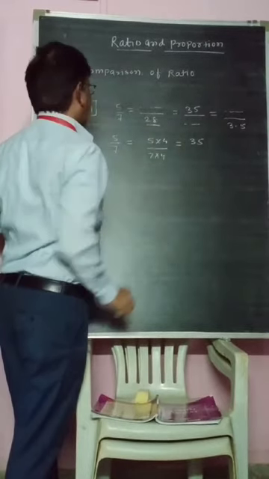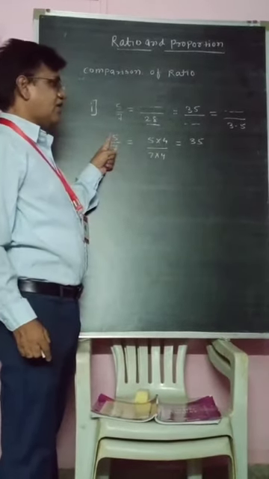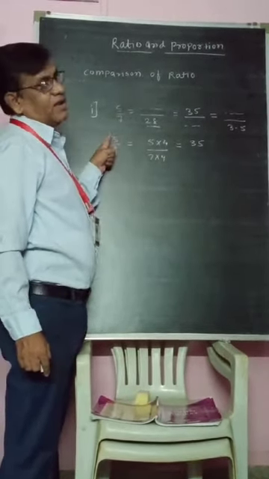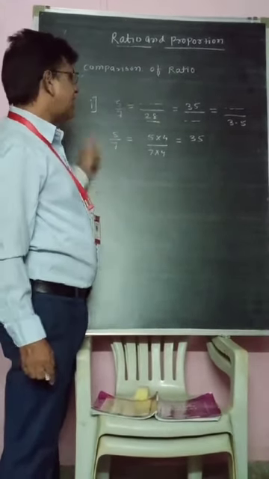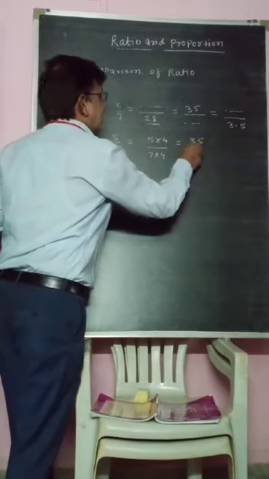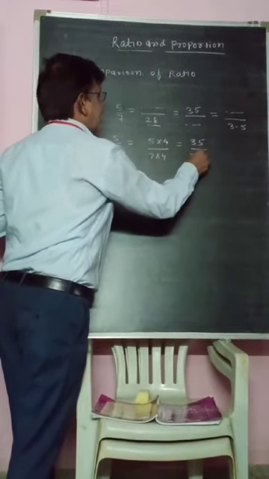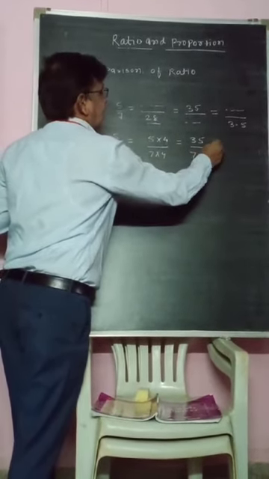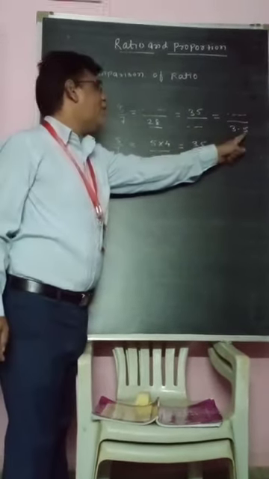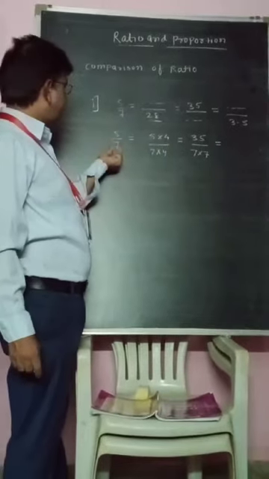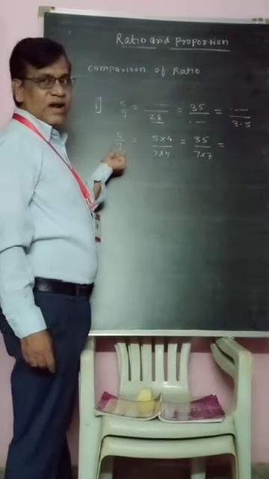Next, the numerator is 35, which means you have to multiply 5 by 7. So if you multiply the numerator by 7, then you have to multiply the denominator by 7. It means here also you have to multiply 7 into 7. Now, the denominator is 3.5, which means you have to divide 7 by 2, then you get 3.5.